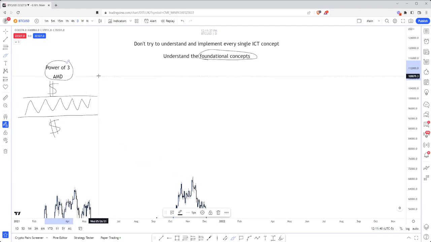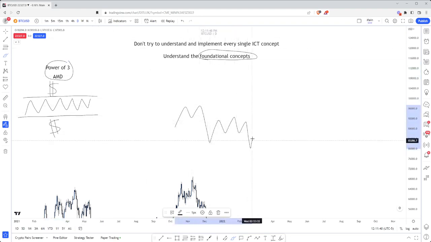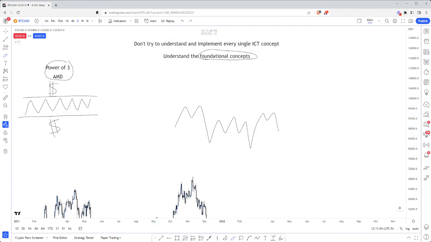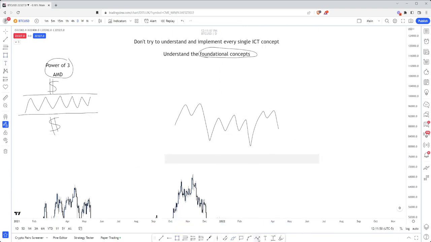So whenever you're trying to look for a model, let's just say the market has given you some price action and there's some point of interest down here, fair value gap. I'll draw something a little prettier. Fair value gap or whatever it is. It doesn't matter. It's just an area of interest.